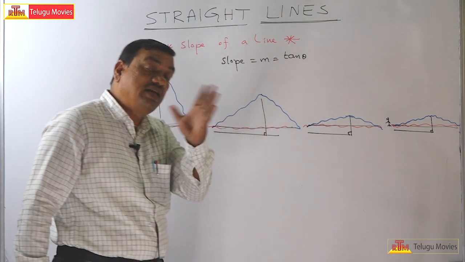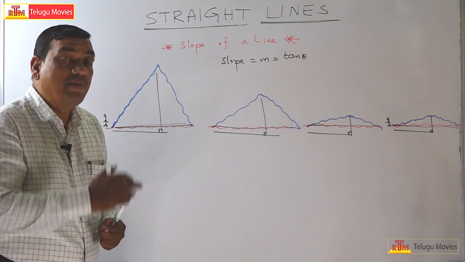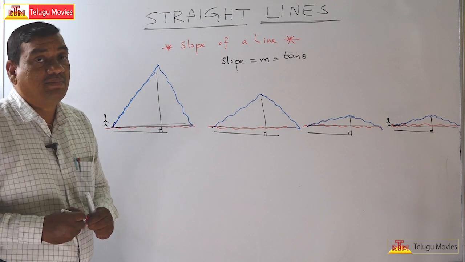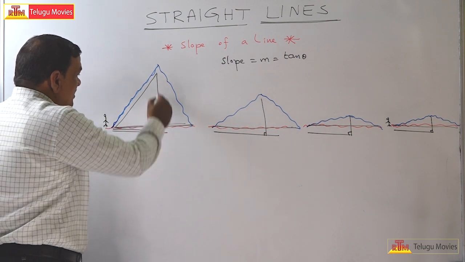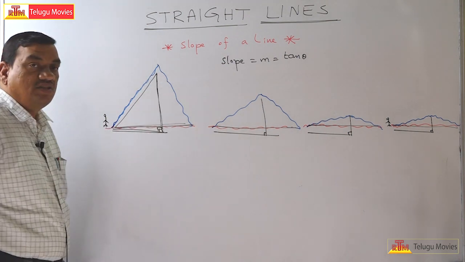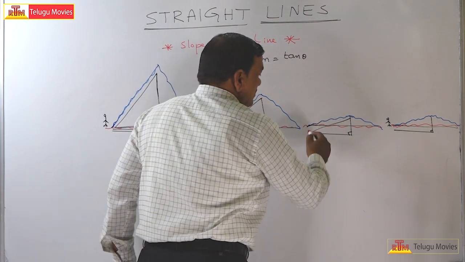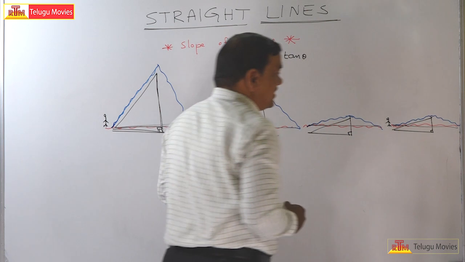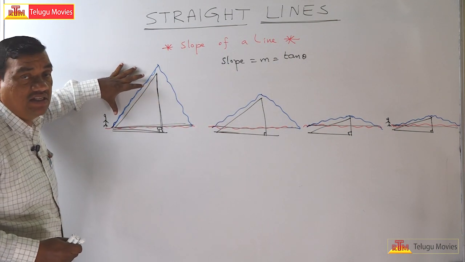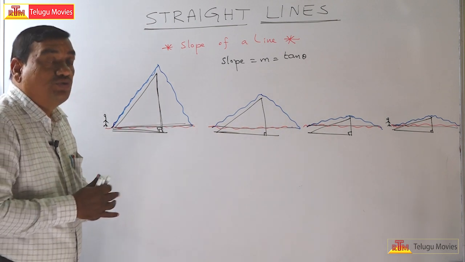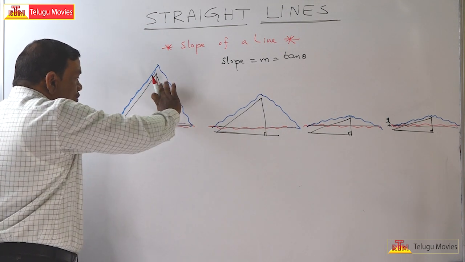But if you think in a mathematical way, as math students, as JEE Main students, there forms a right angle triangle here. Whatever may be the steepness, it gives the ratio of these two sides.